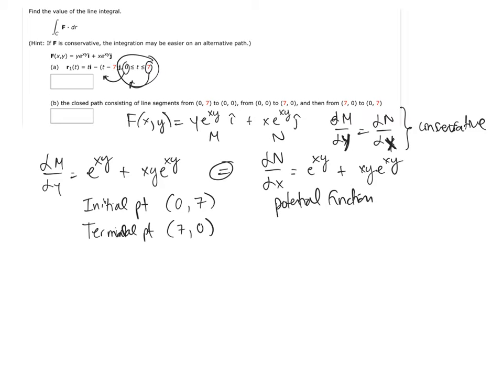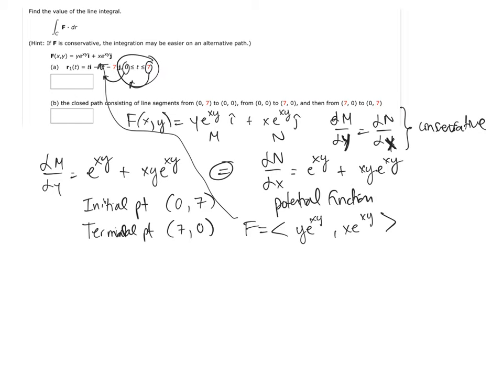So you're gonna take the partial integral of F with respect to x and then y respectively. So you have y e^(xy), x e^(xy). This is your F, the given function from the beginning.